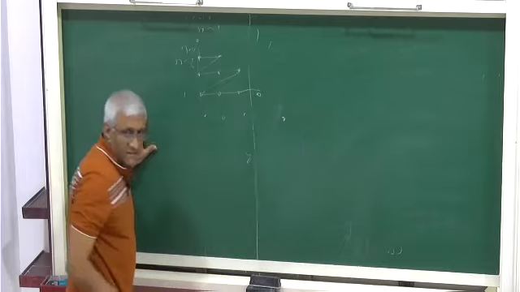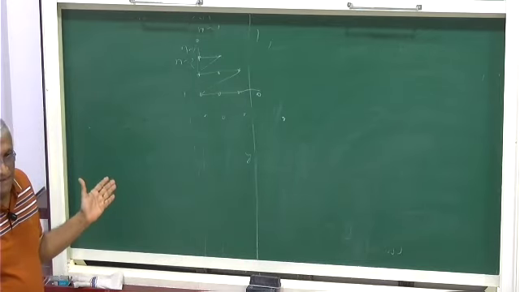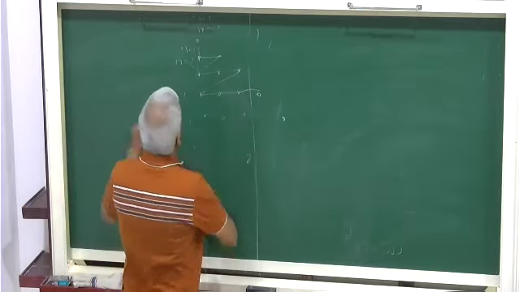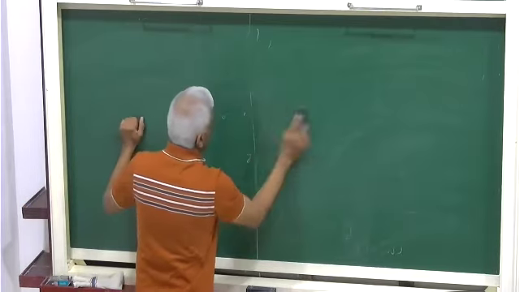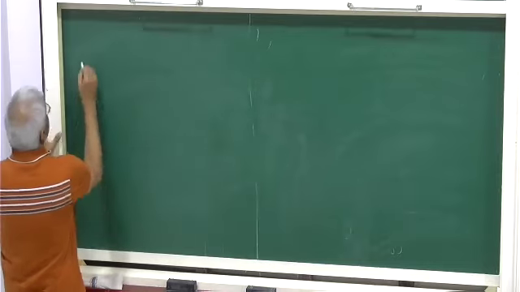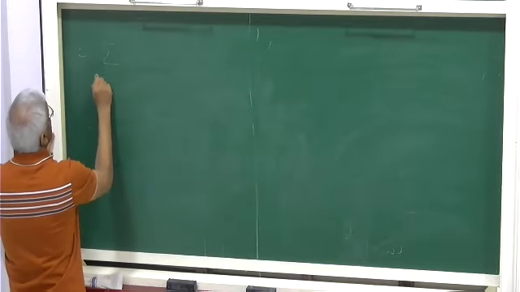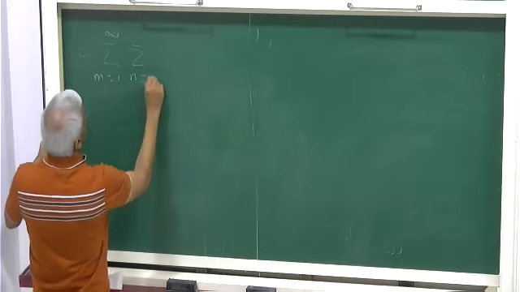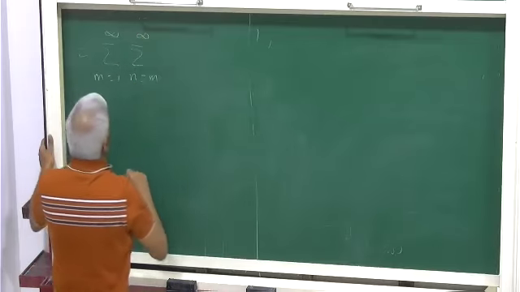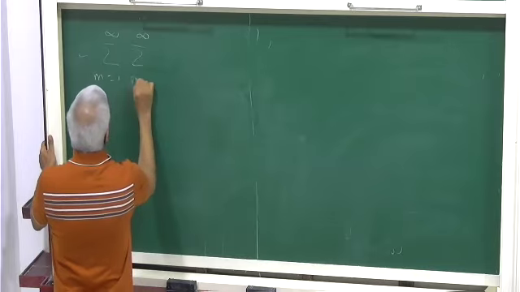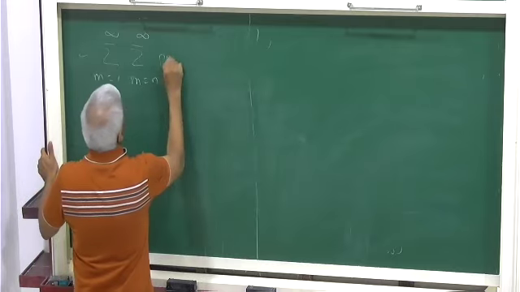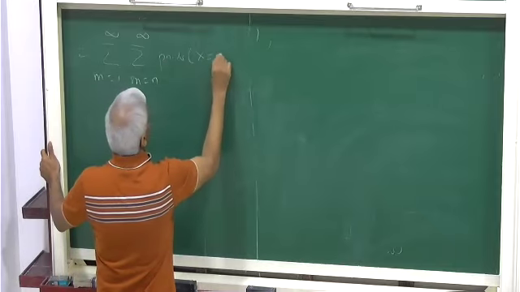That is precisely the next line. If you write this, it's clear. So what we have is the summation m equal to 1 to infinity, summation n equal to m to infinity, of the probability of X equal to n.